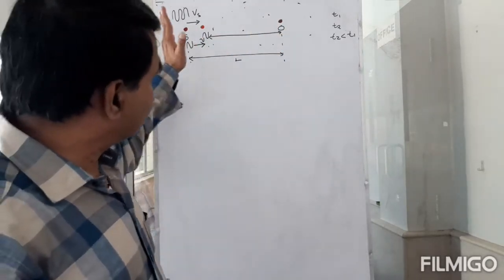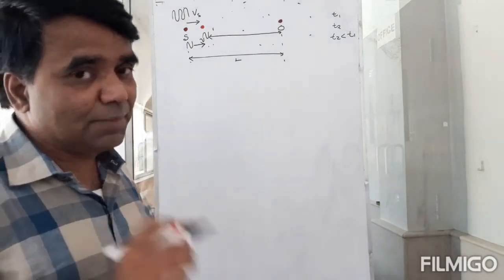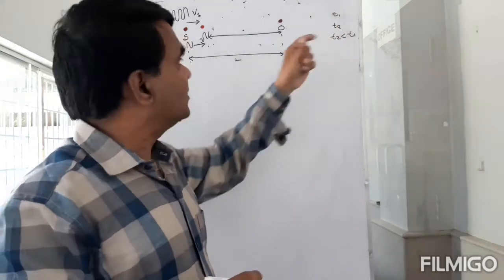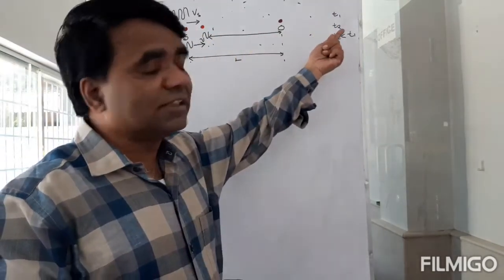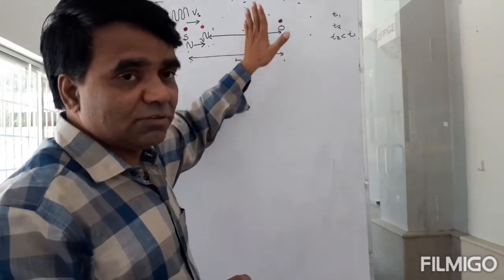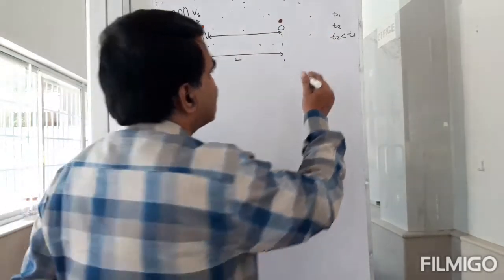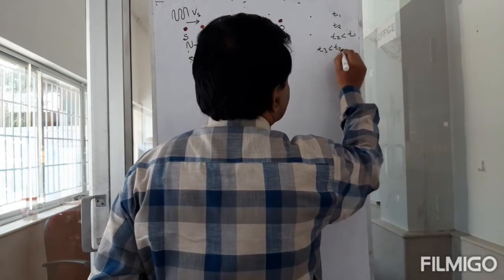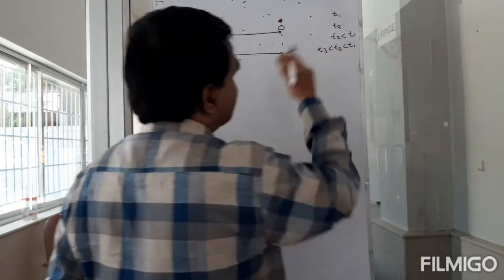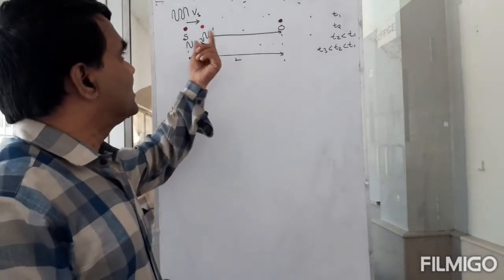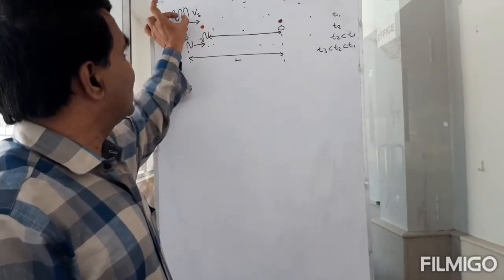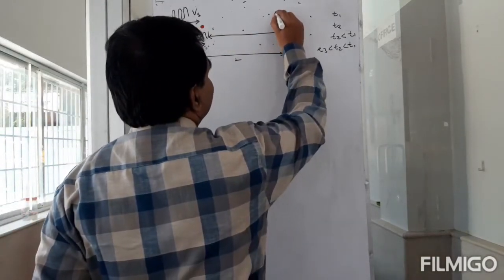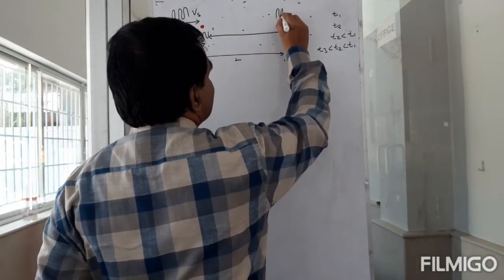But if the source is moving towards you, what happens is that the first pulse will reach you in t1 seconds, and the second pulse will reach you in t2 seconds, and then the third pulse will reach you in t3 seconds. In this case, t3 will be smaller than t2, which in turn is smaller than t1. You can see that this time gap is not maintained here. So the first pulse will come after some time, and then the next pulse will immediately come.